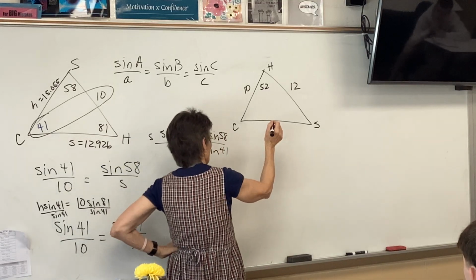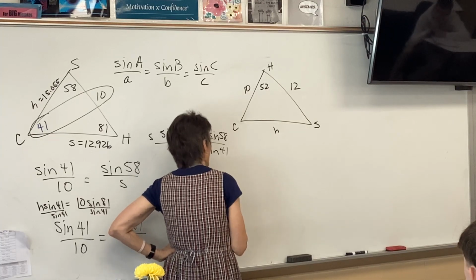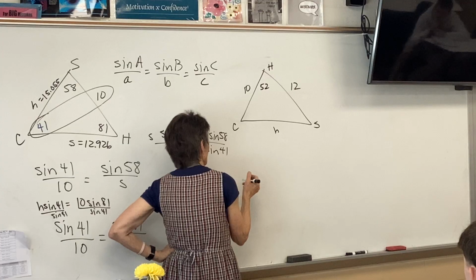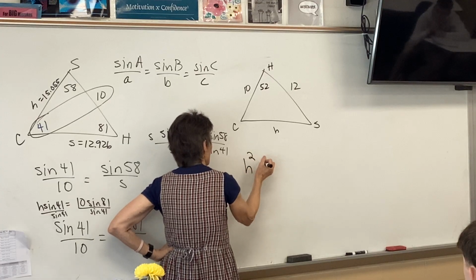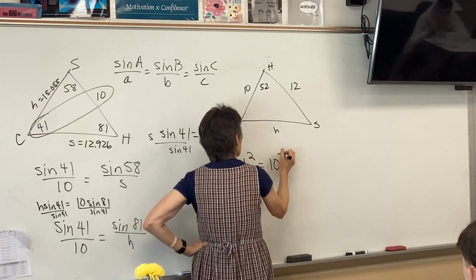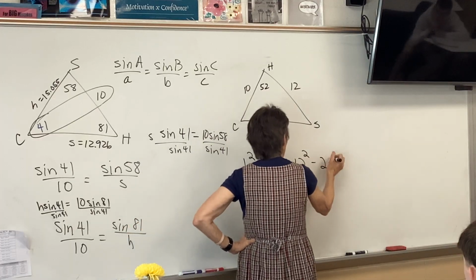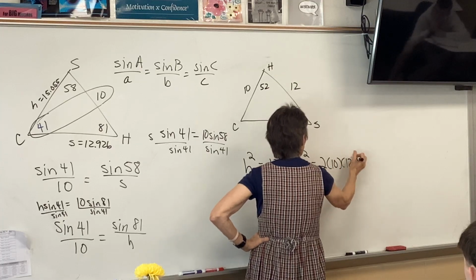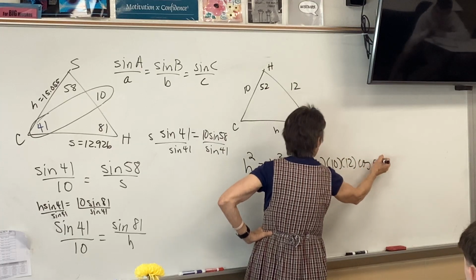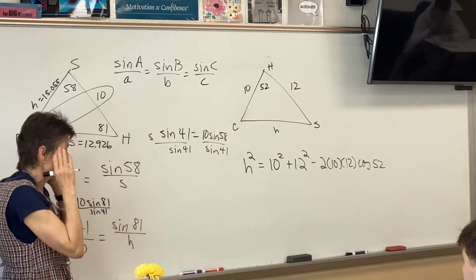For this problem right here, the law of cosines looks like this. H squared equals 10 squared plus 12 squared minus 2 times 10 times 12 times cosine 52.